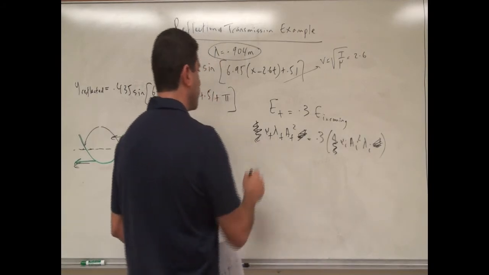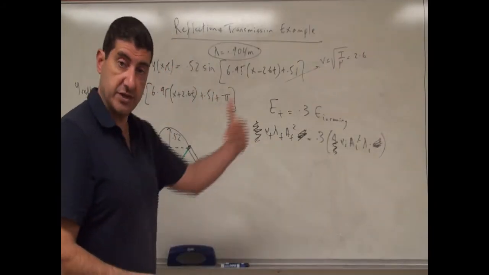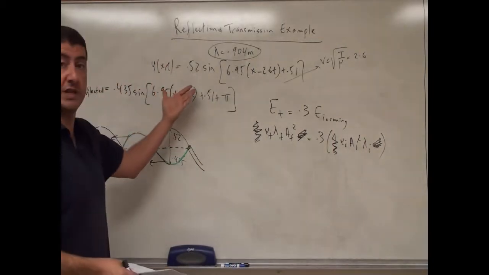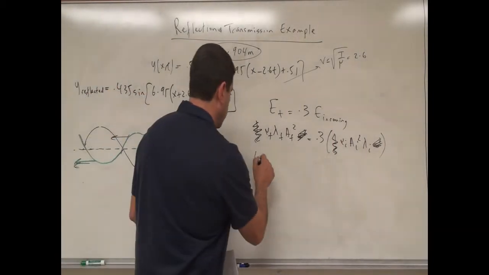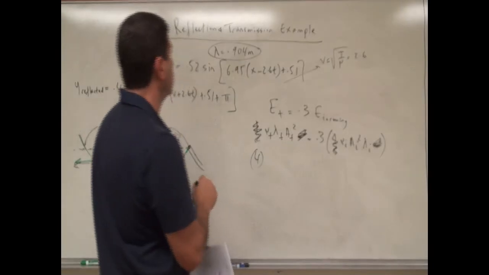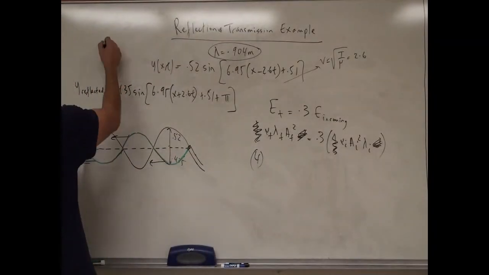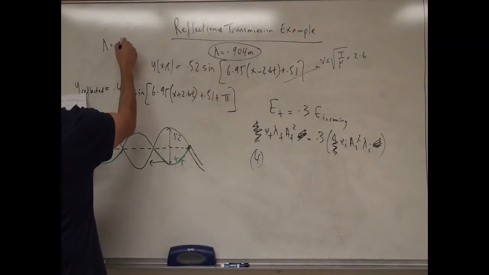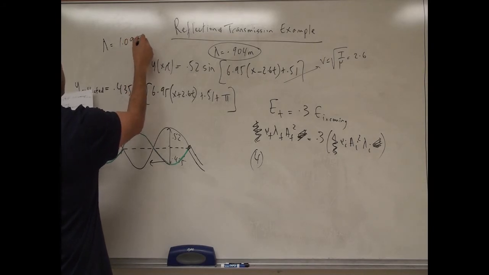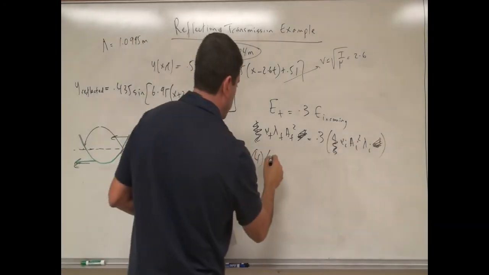Mu final is going to be the mass density of the second string, which was given to us already as 4. So this one was 4. Lambda final, which we calculated, was equal to 1.0995 meters.